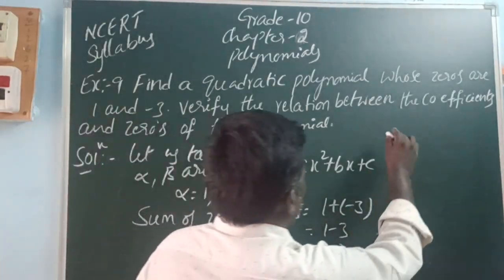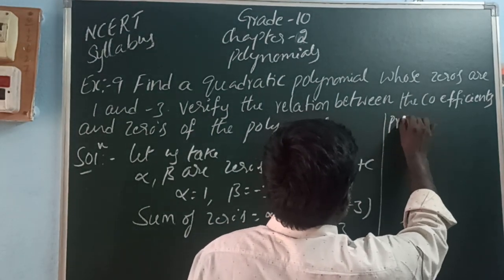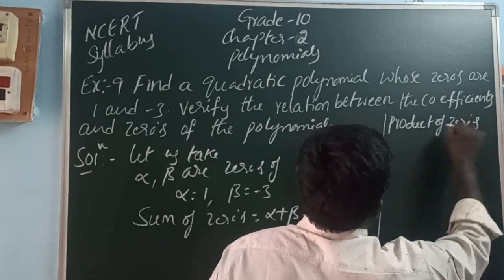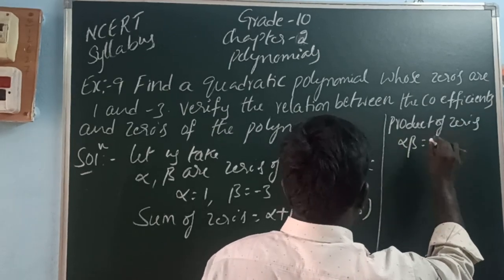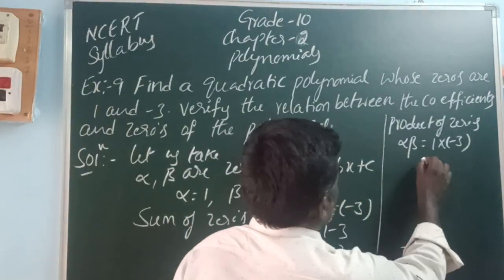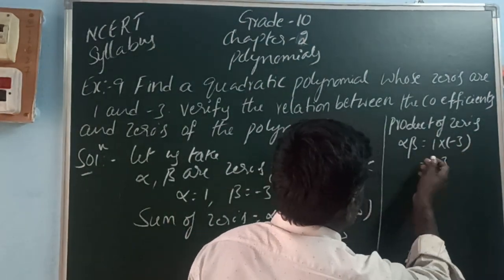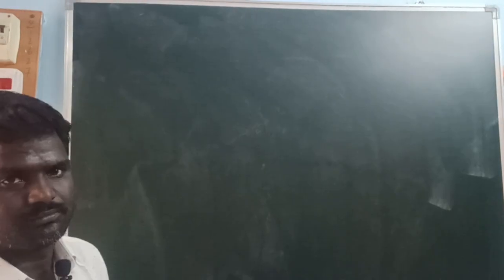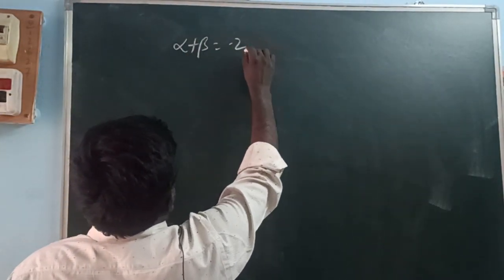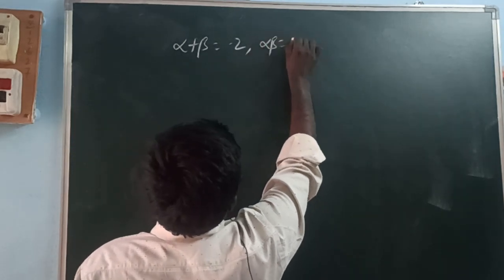Next, product of zeros, alpha into beta, is equal to 1 into minus 3, that is minus 3. Sum of the zeros alpha plus beta is minus 2, alpha into beta is minus 3.